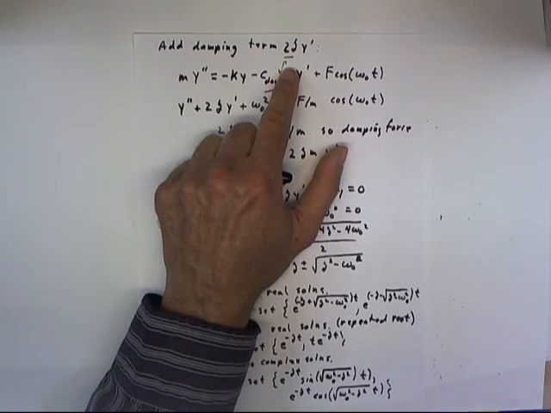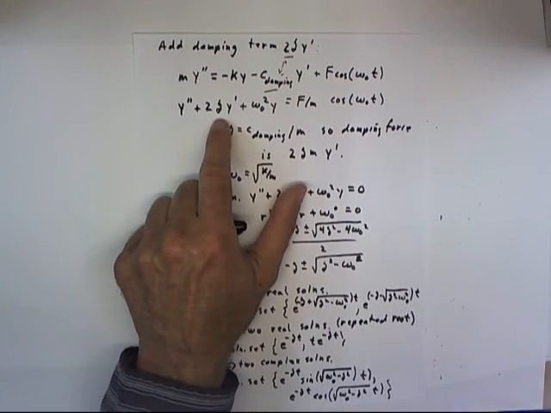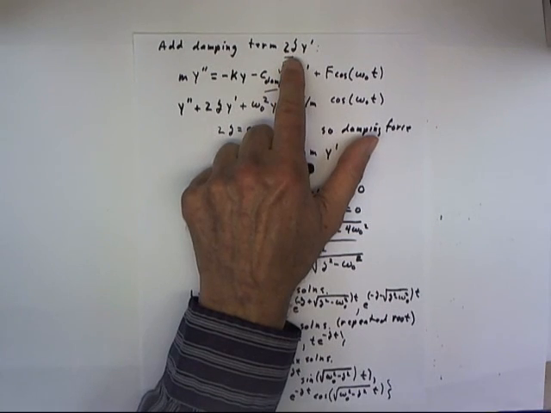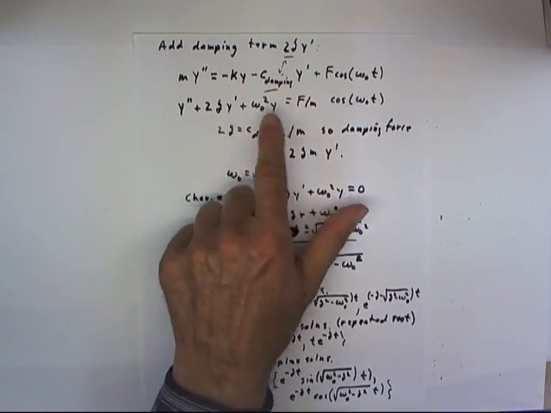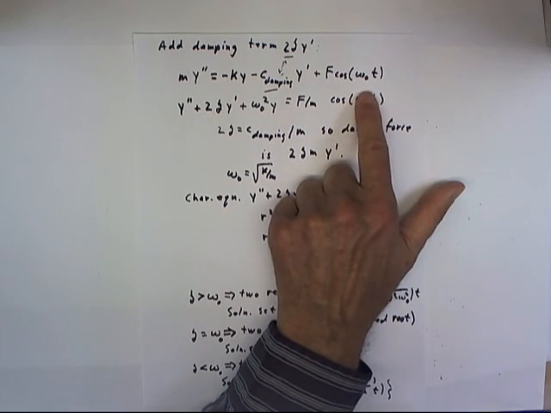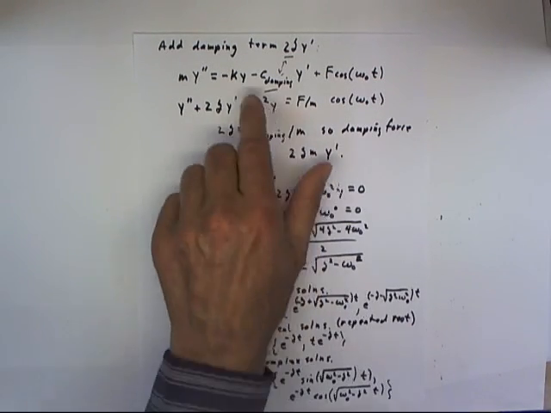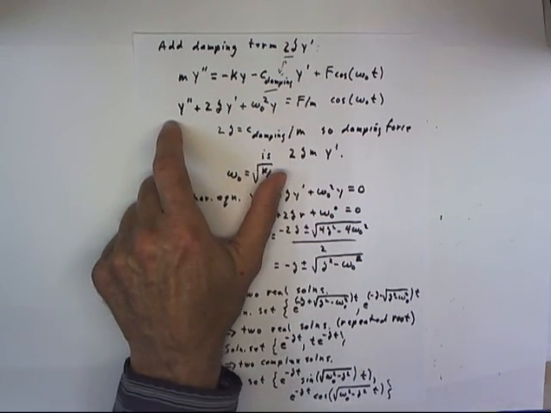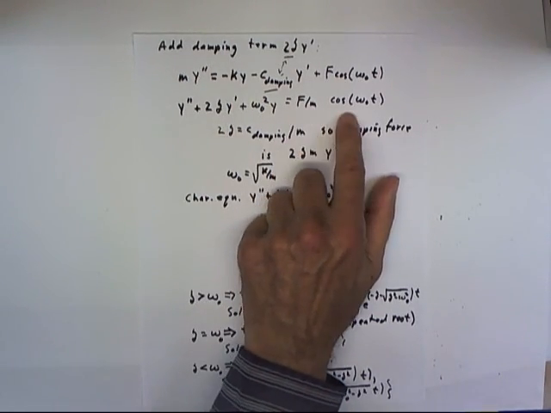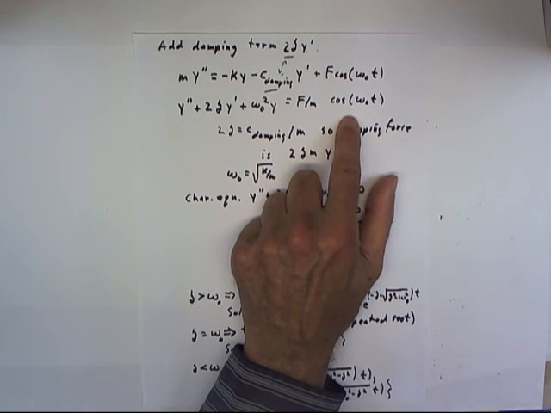It's just going to make the arithmetic or the algebra of solving our equation a little simpler to have a 2 in front of our constant. So our damping constant is 2 delta, and now we can rearrange this equation, bringing all the terms that have y or derivatives of y onto the left-hand side, leaving our non-homogeneous part, our driving force, on the right-hand side.